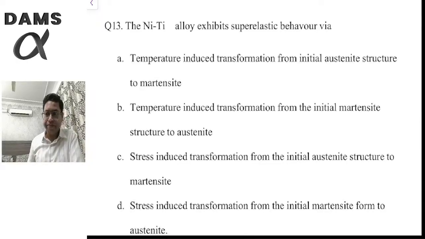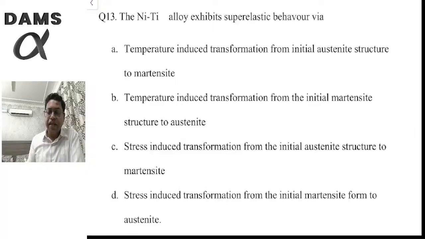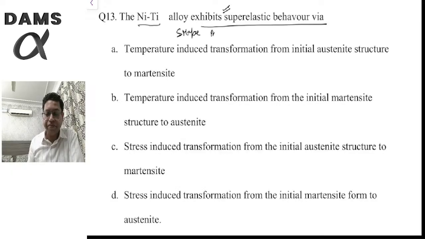Question 13. The nickel titanium alloy exhibits superelastic behavior via: We know that nickel titanium is a special alloy that exhibits the property of shape memory and superelasticity.